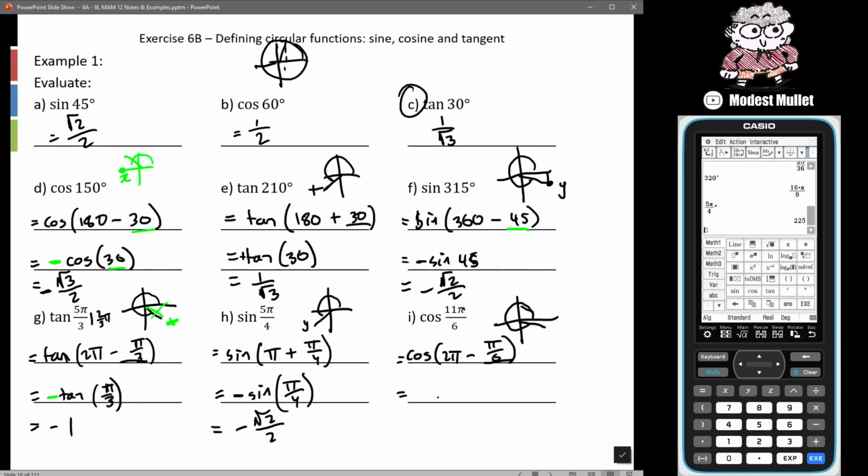So I can rewrite this as cos of pi on 6, and think about my original value. I wanted the x coordinate because it's cos, and the x coordinate is going to be positive, so I can just leave it as positive. Cos of pi on 6 is going to be quite large, because a small angle for cos means a large x component. So that would be root 3 on 2, and it's just going to be positive.